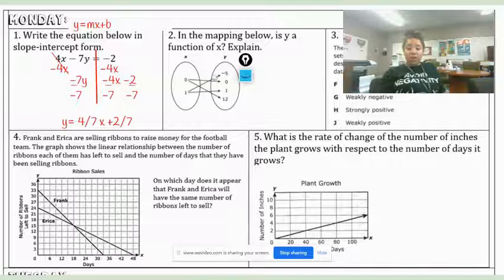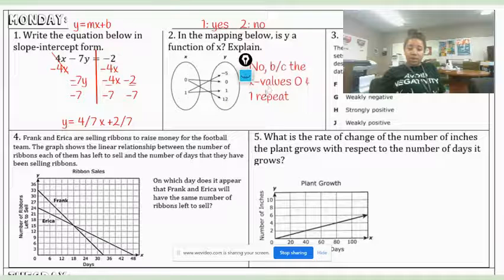So that's how we put that in y equals mx plus b. This one's going to be not a function because we see that the x values would repeat. We have a repeating 0 and repeating 1, so it would not be a function. This one, the linear correlation coefficient of a set of data is negative 0.213, which is the best description of the relationship between the data set.